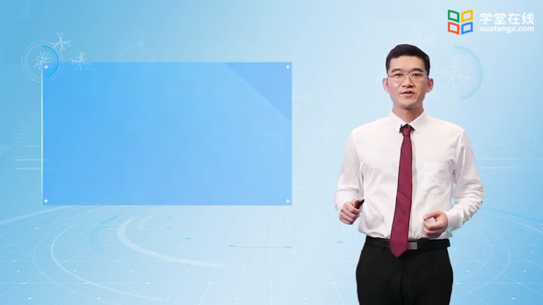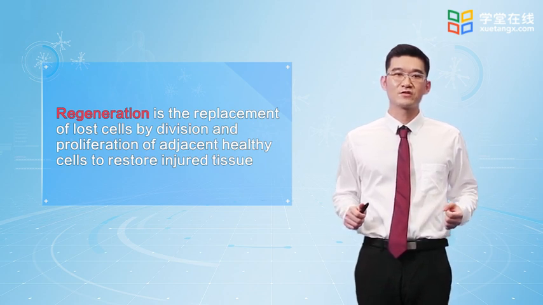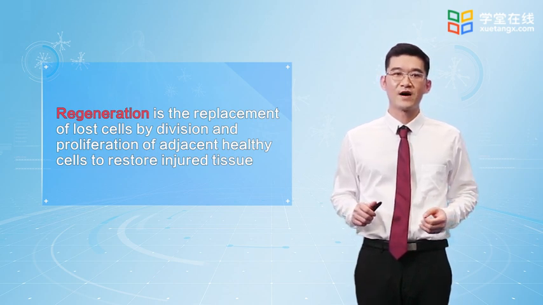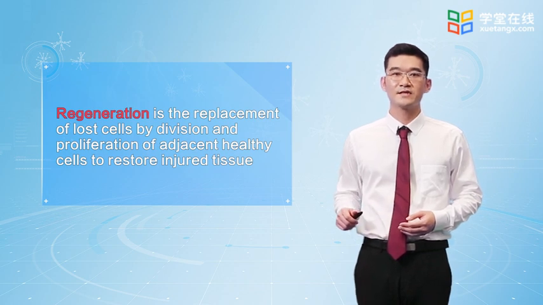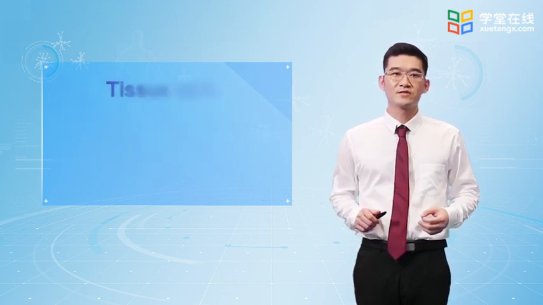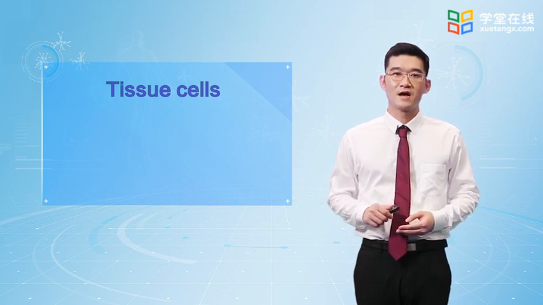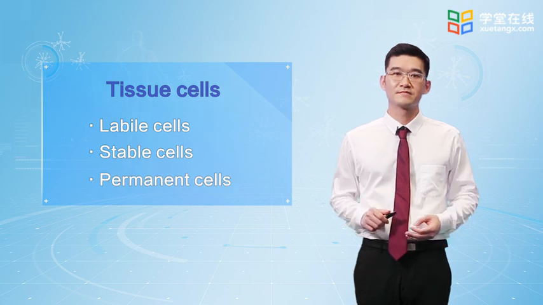Now, I would like to give a brief summary of tissue repair. Regeneration is the replacement of lost cells by division and proliferation of adjacent healthy cells to restore injured tissue. But not all body cells divide at the same pace. Depending upon their capacity to divide, tissue cells can be classified into three groups: labile cells, stable cells, and permanent cells.